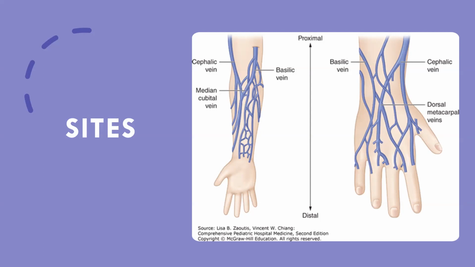As you can see from the picture on the left side, we have the median cubital vein in the antecubital fossa, and then we have the cephalic vein and also the basilic vein in the forearm. And on the right picture, we have the metacarpal vein in the dorsal venous network.